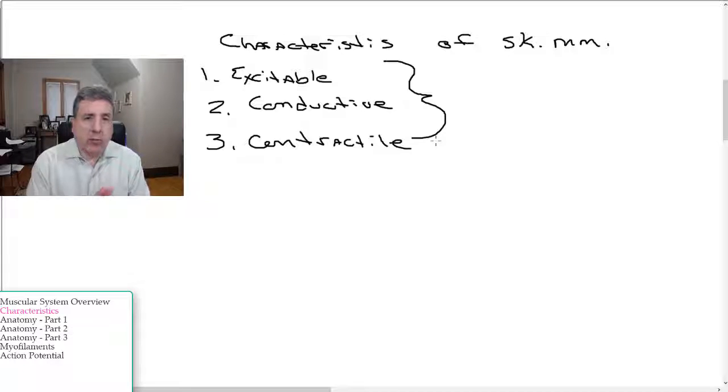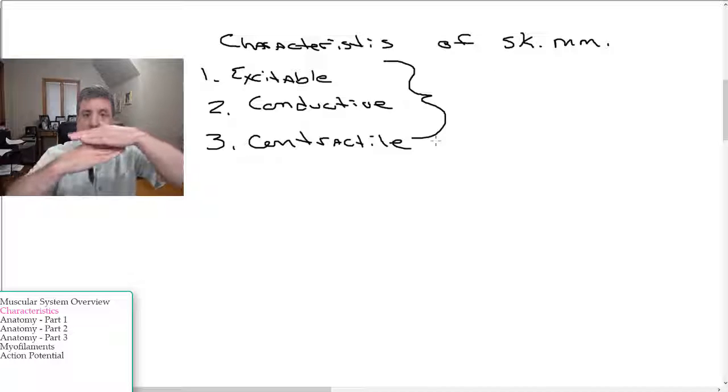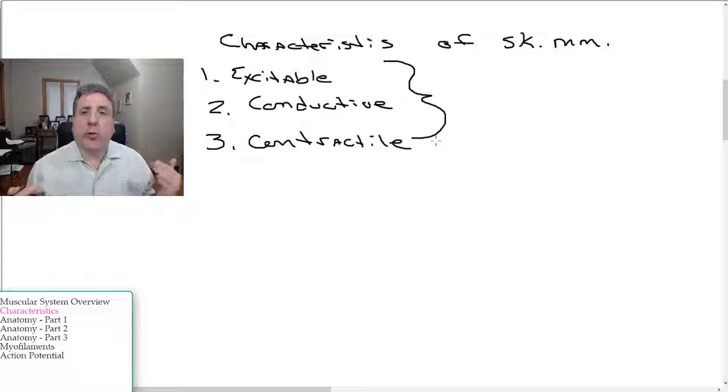And it communicates through a chemical stimulus. Specifically, that chemical is acetylcholine. We'll get into this in another video. That acetylcholine alters the resting membrane potential, which allows ions to cross the membrane, which allows the conductive charge to propagate over the plasma membrane and into the cell, allowing the contractile proteins to slide over each other. That allows for the muscle contraction. So those three components are often taken together.